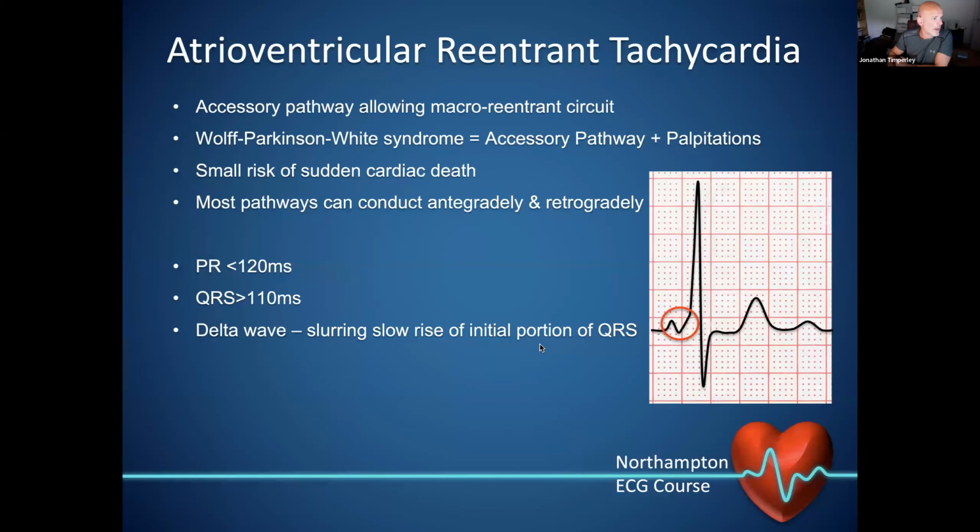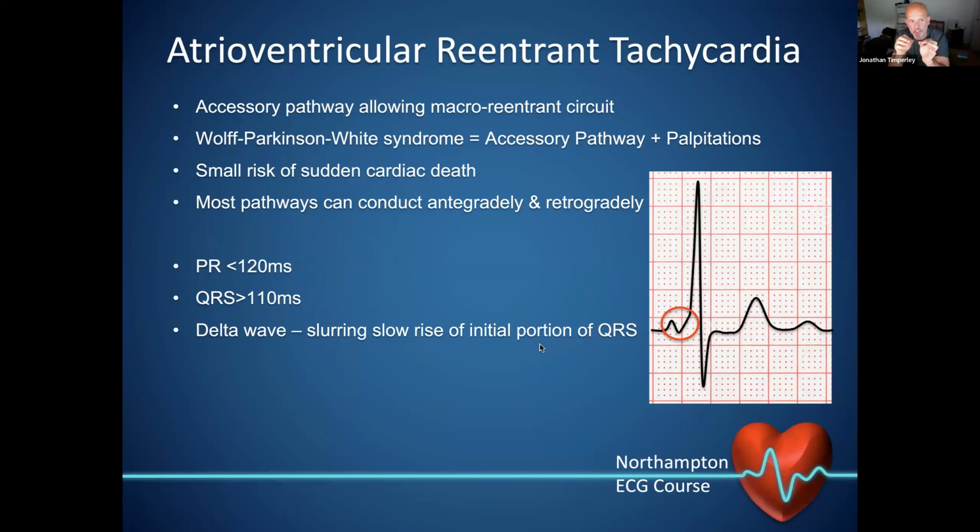Good. So let's go on to AV re-entrant tachycardia, which generally people consider to be related to Wolff-Parkinson-White syndrome. Wolff-Parkinson-White syndrome is the presence of the accessory pathway plus palpitations. So you can get an ECG on its own which shows pre-excitation, but the patient has no palpitations. They don't formally have the diagnosis of Wolff-Parkinson-White syndrome because it is a syndrome, including symptoms as well as the ECG abnormalities.